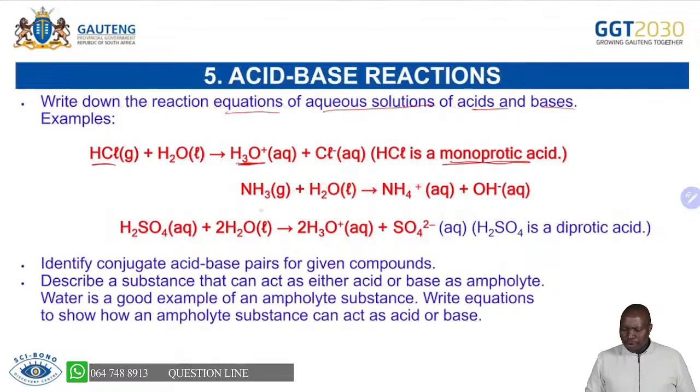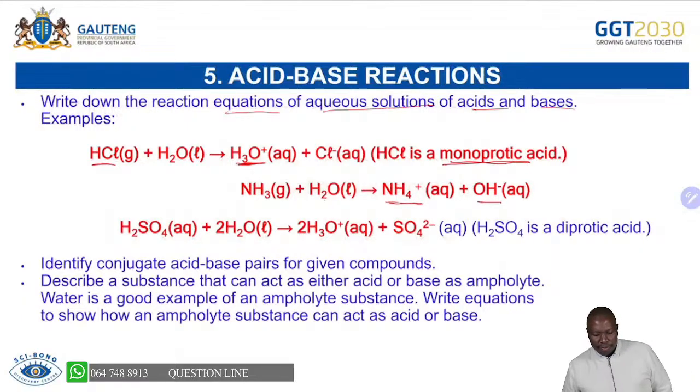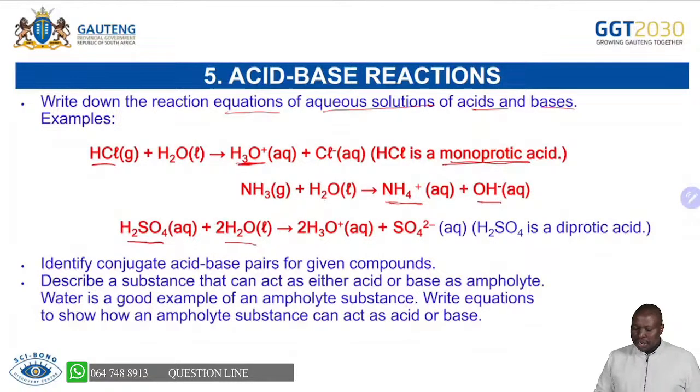Now, if you look at ammonia, for example, it is your base there. When you put it in water, the ammonia reacts with water and forms ammonium ion and hydroxide ion. But if you have sulfuric acid and you put it in water, it's a diprotic acid, which means it will react with two moles of water.